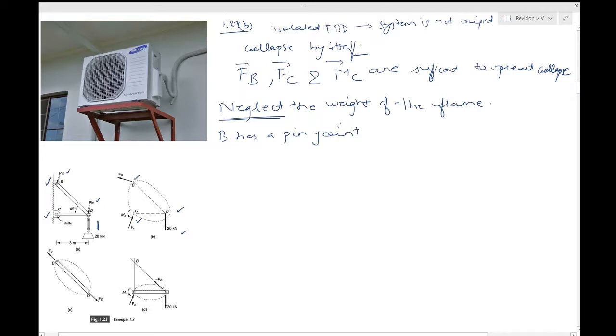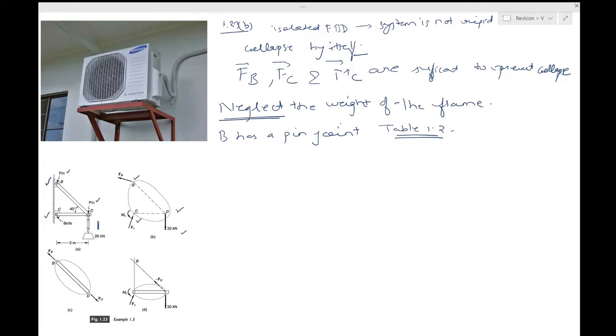Now you may have learned about different kinds of joints in mechanics in your first year course. If you haven't learned it, you can still go back to table 1.2 of this textbook and see what a pin joint is, and then it will tell you about an assumption.